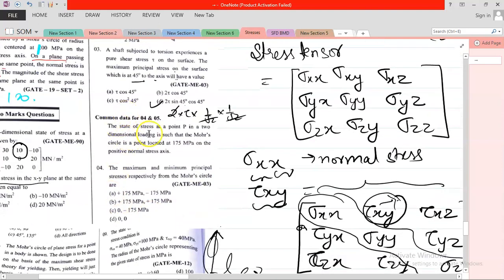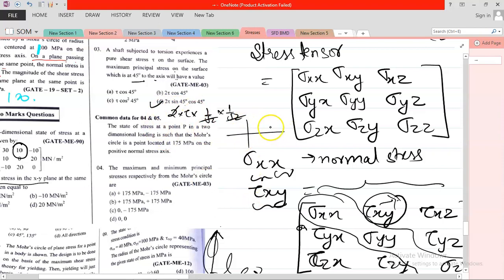Now next question is given, the state of a stress at a point in 2-dimensional loading is such that the center is located, and you need to find the maximum principal stress.